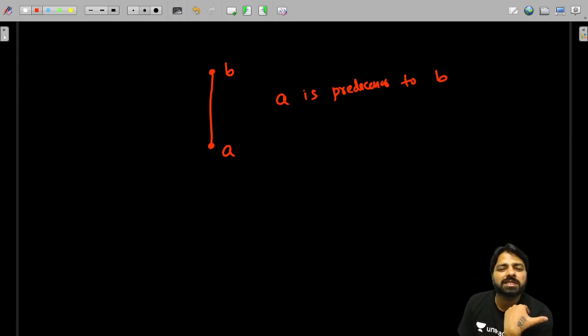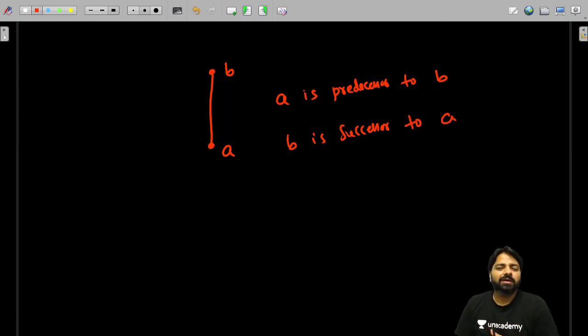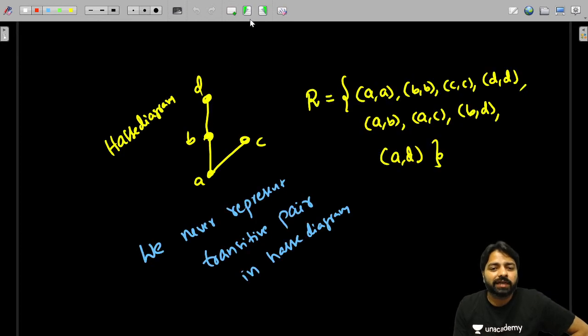A is a predecessor to A and B is a successor to itself, but mainly we are talking about A, and B is also a successor to itself. Assume that, so that we can relate so many things now. Yes, loops are also not taken, good point. And loops never appear. Yes, we never represent transitive pairs and diagonal.